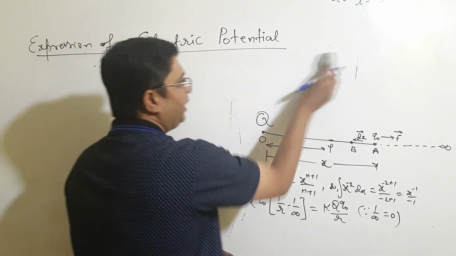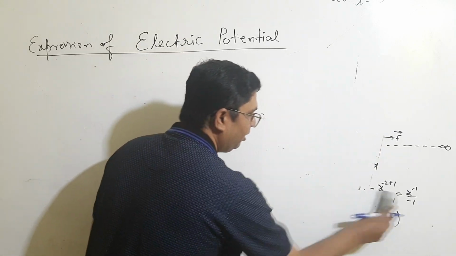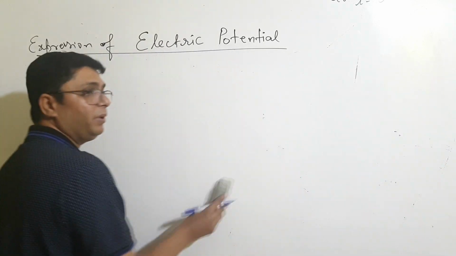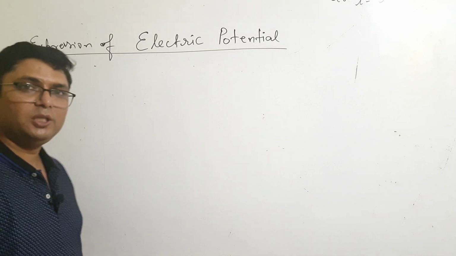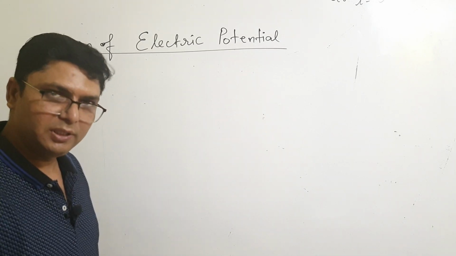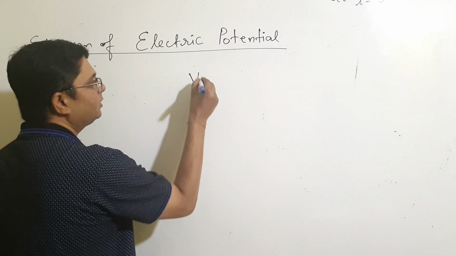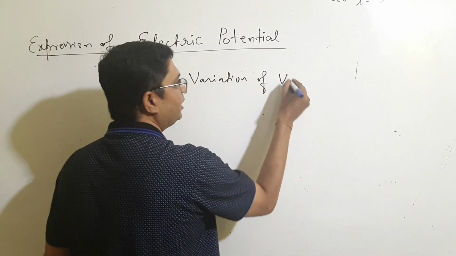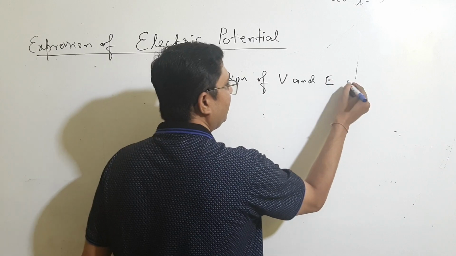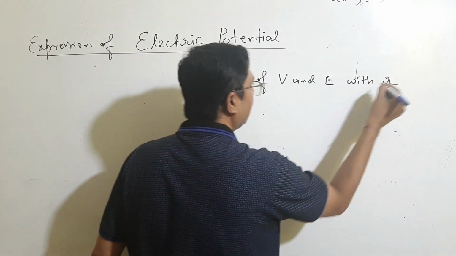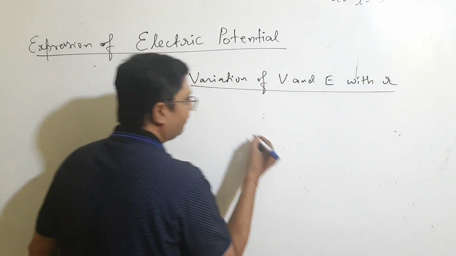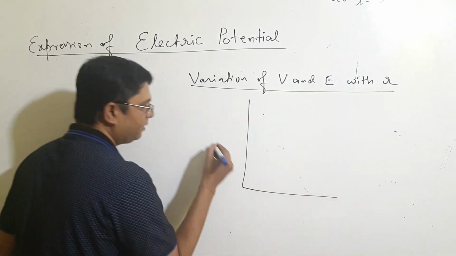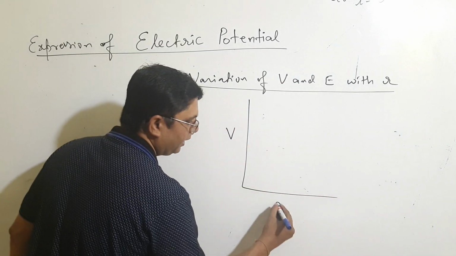Now let us see the variation of potential with distance and compare it with the variation of electric field with distance. Let us take V here and r here.